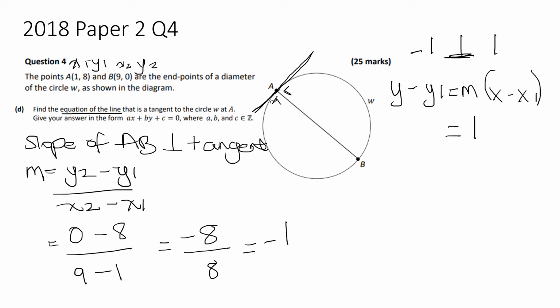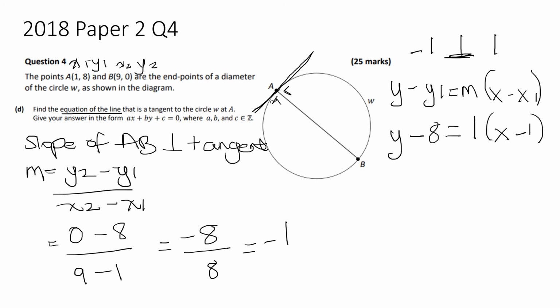Here y stays the same and x stays the same. Where you get your x1 and y1 from is from A, because that's the point where the tangent hits the circle. So I'm going to use A as x1 and y1, as I said. So y minus 8 is equal to 1 times x minus 1. Okay, so they're the points that you're going to sub into your equation.